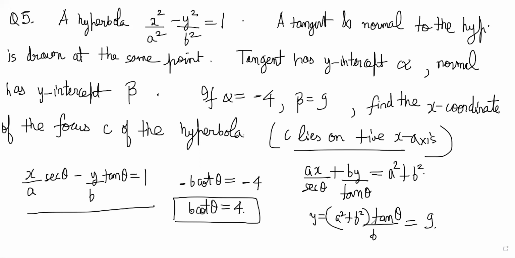So then you have to find the x coordinate of the focus of the hyperbola. You know the focus is on the positive x-axis. So the focus of the hyperbola will be at AE comma 0, right? AE is the answer.